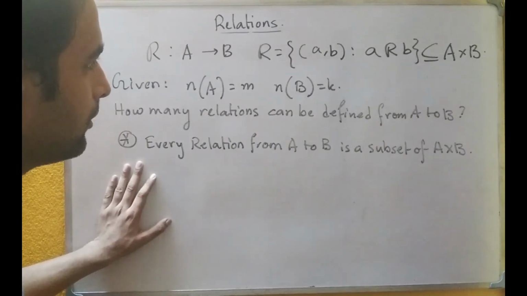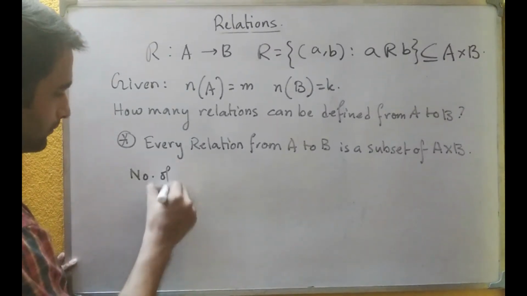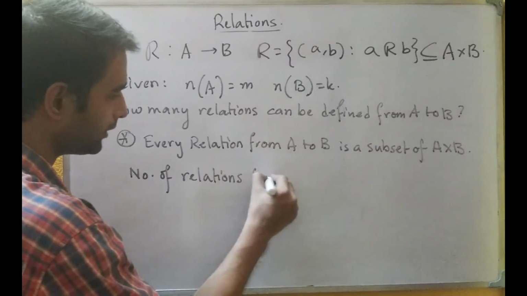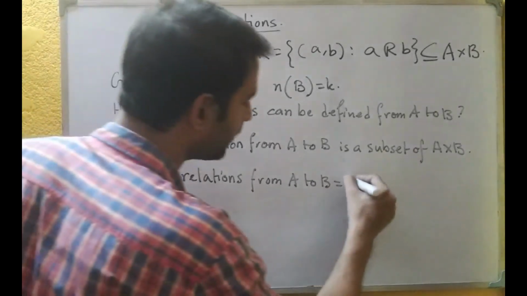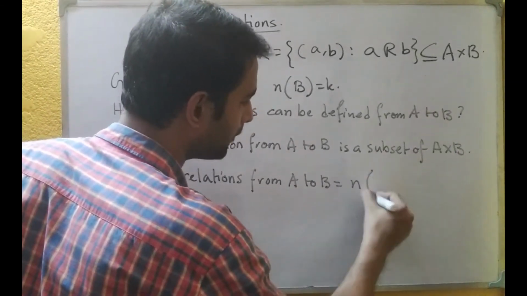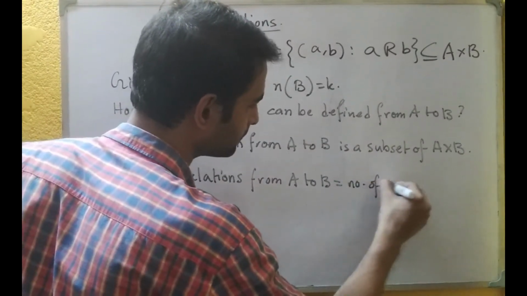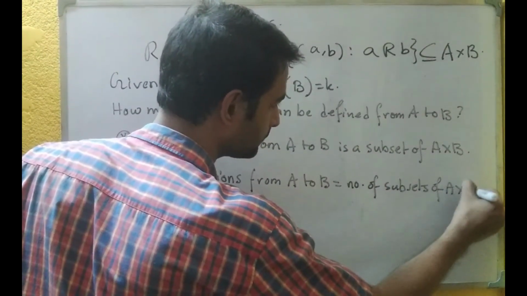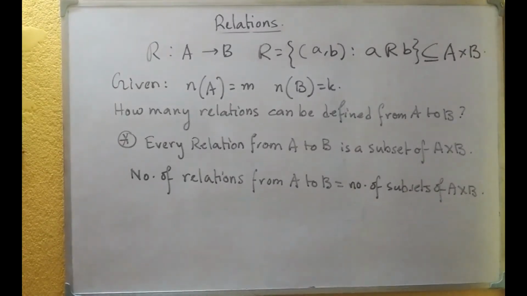So to find the number of relations from A to B, we can count the number of subsets of A cross B. Now, do we know how to count the number of subsets of a set?